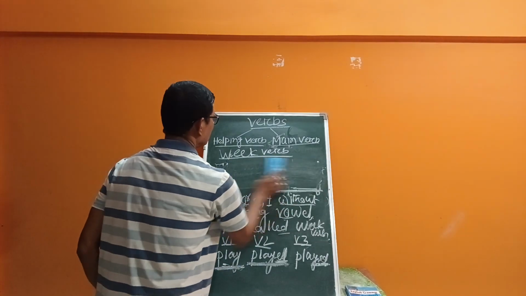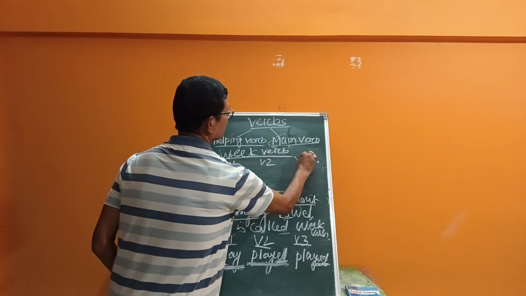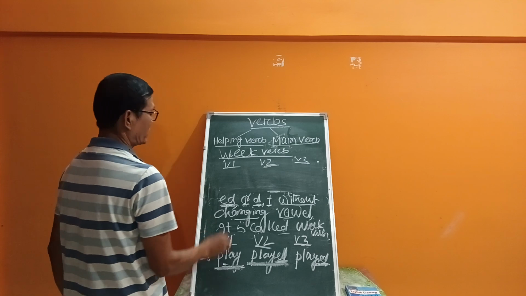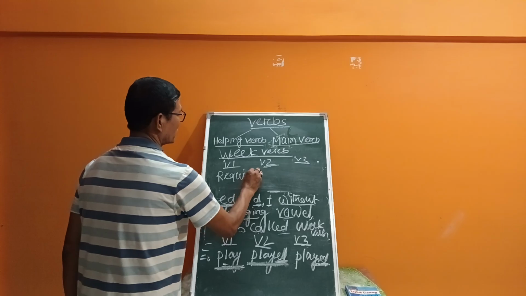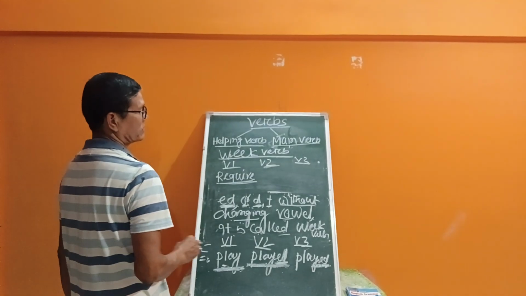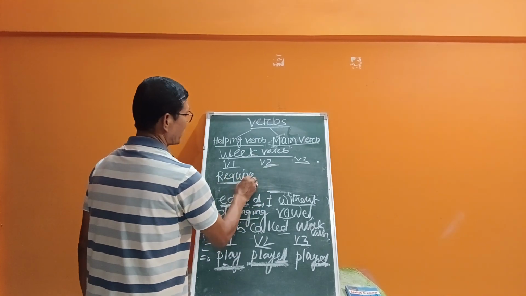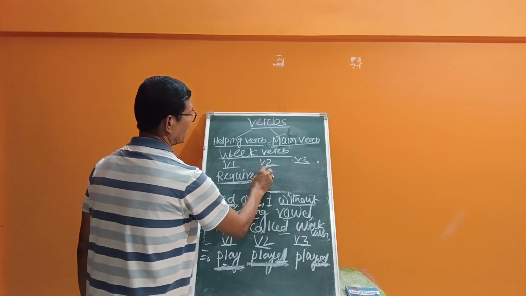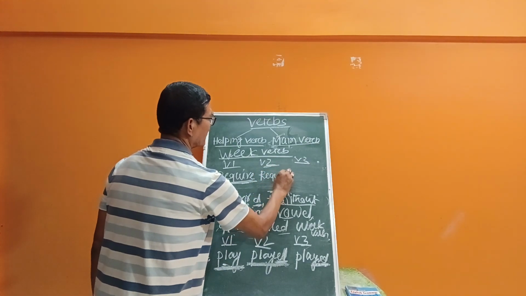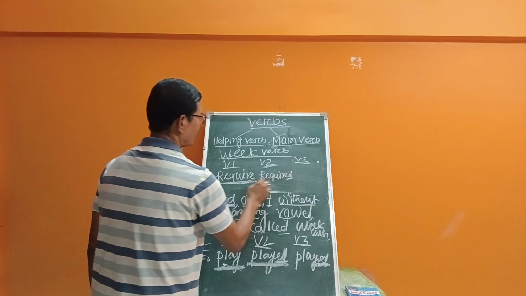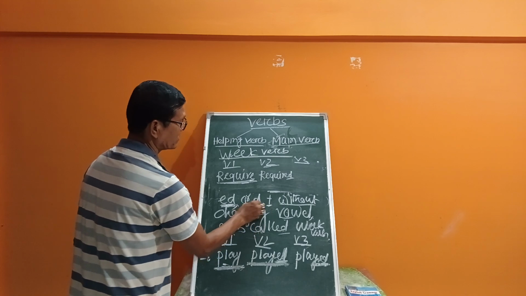As an example, this is also an example. Next example, V1, V2, V3. Just suppose require, and it is also a weak verb. If you want to make the past tense, you should write require, R-E-Q-U-I-R-E-D. There is already a suffix e, so we should add only d.